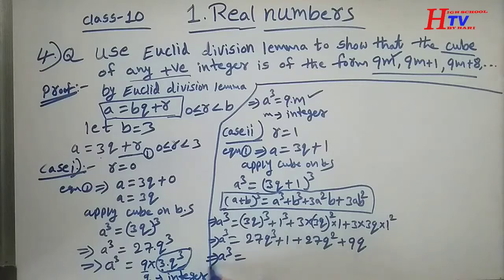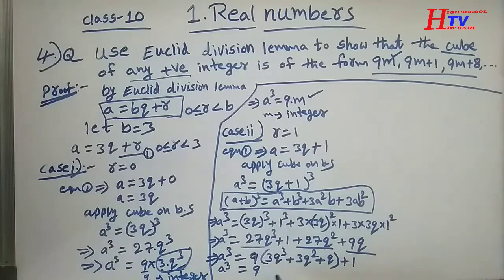Now what is common in all these terms? From these three terms, 9 is common. Write 9 outside the bracket. 9 into 3 is 27, so 3q cube plus, from this 9 3s are 27, here 3q square, plus 9 taken out, remaining simply q, plus here 1.